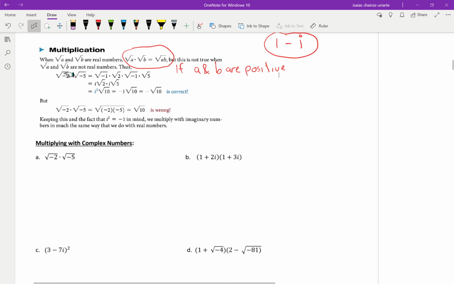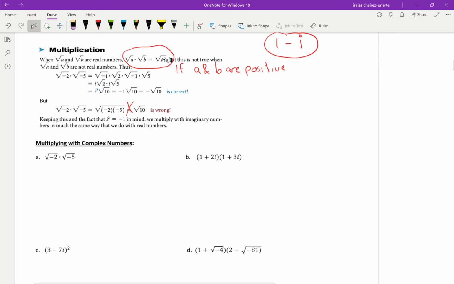So this product becomes negative square root of 10. If we didn't know any better though, we would have said the square root of negative 2 times the square root of negative 5 is equal to the square root of negative 2 times negative 5. But this is incorrect. This is very wrong. So keep that in mind.